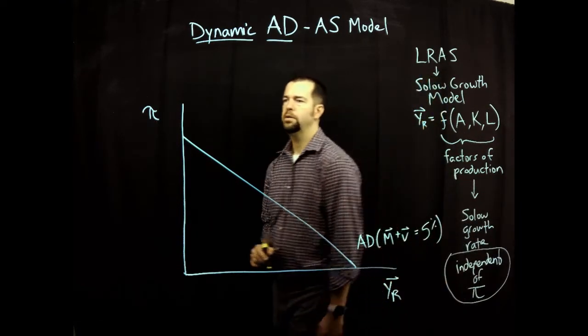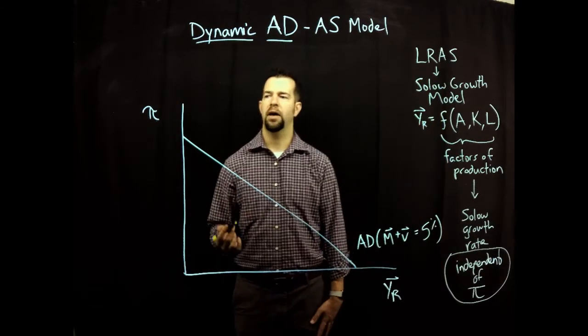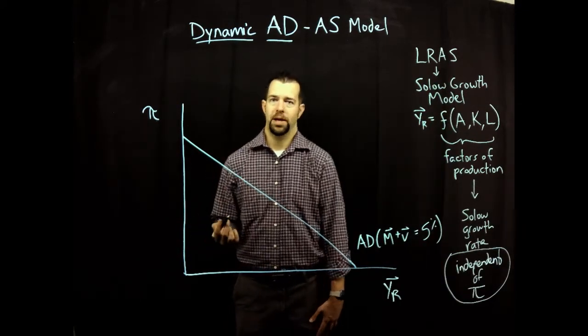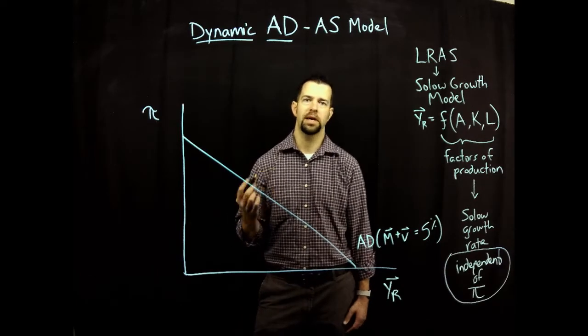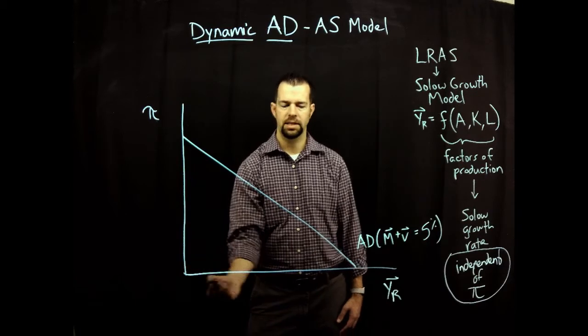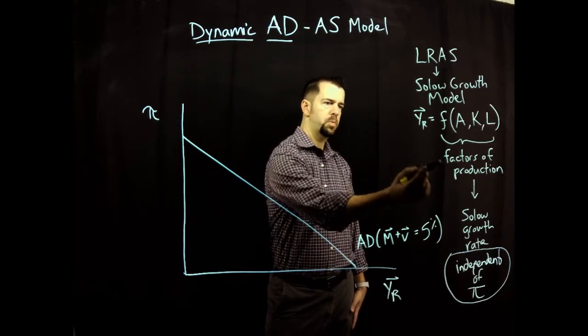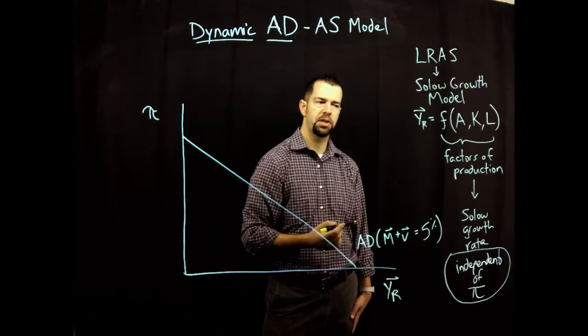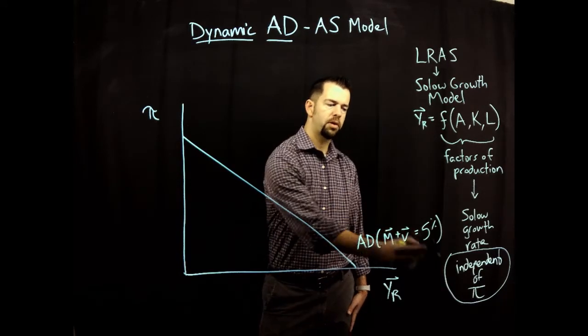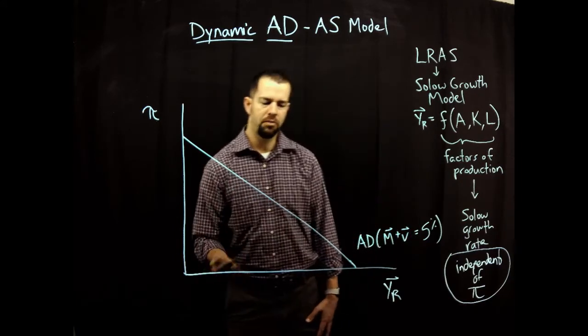Okay, so if you want to show a curve that is the same value no matter what the inflation rate is, what kind of curve do you think you would get? If the level of real growth is based on the factors of production in the long run, and in the long run it's independent of the inflation rate, then we're going to have some level of real GDP growth.